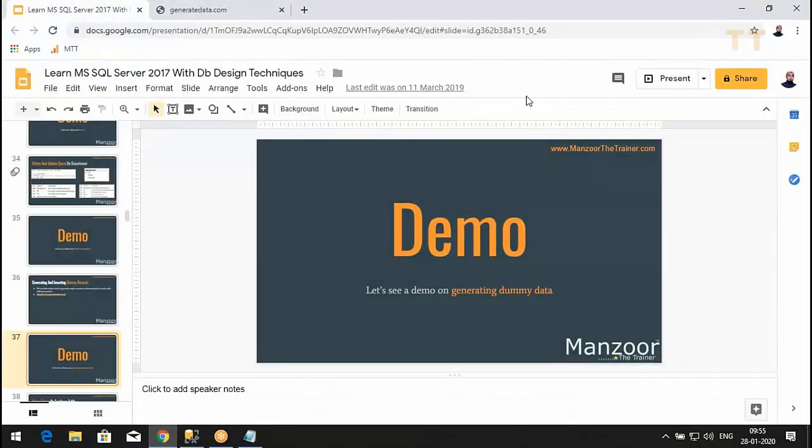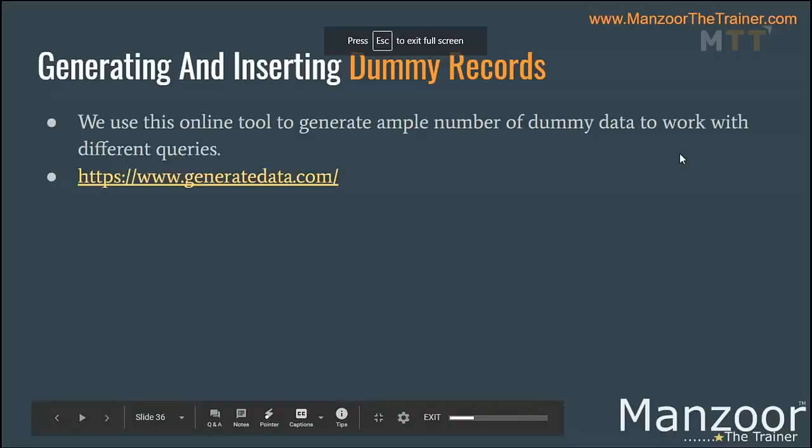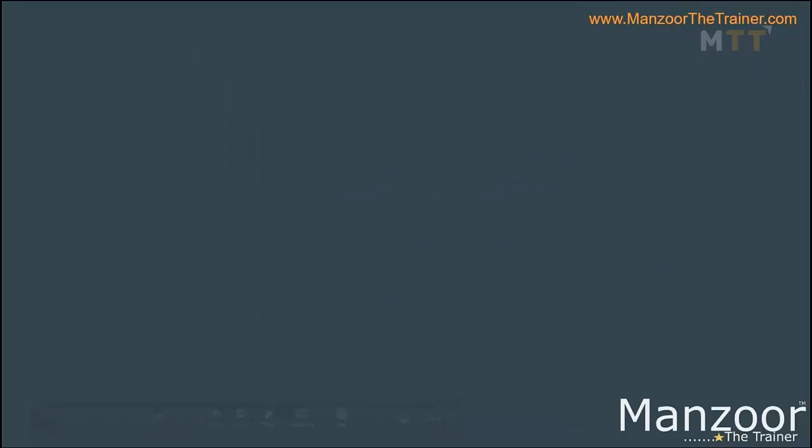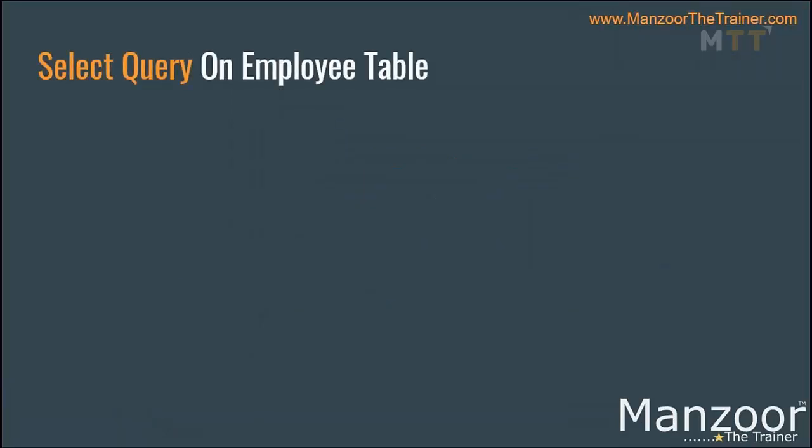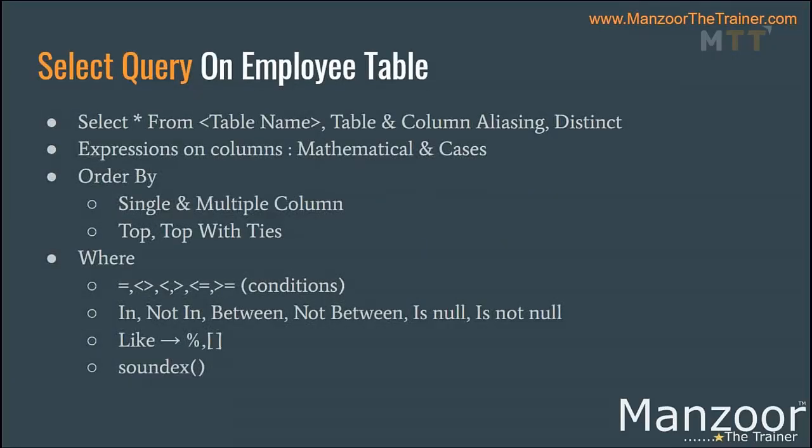Now let us come back to our PPT. So we saw how to generate dummy data, dummy records, for various types of columns, and also when we have a foreign key. Select query on employee table. These are the things that we are going to learn: select star from table name, table and column aliasing, distinct, expressions on column, mathematical and cases, order by clause, single and multiple columns, top with ties, where clauses.